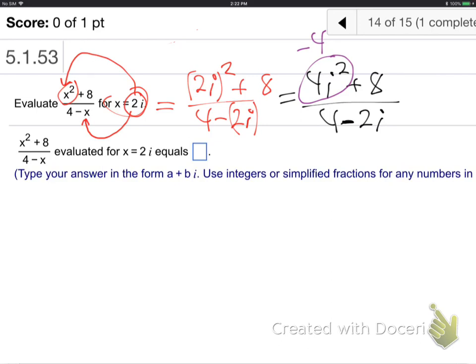And so the top becomes negative 4 plus 8. Now what's negative 4 plus 8? 4.